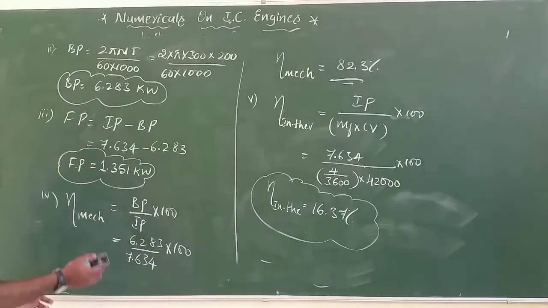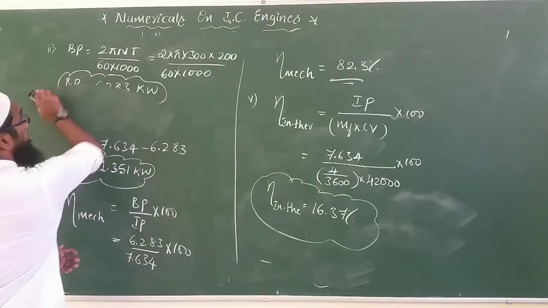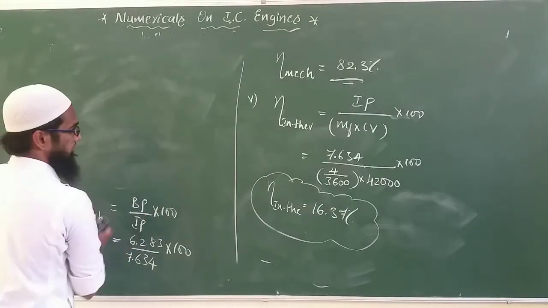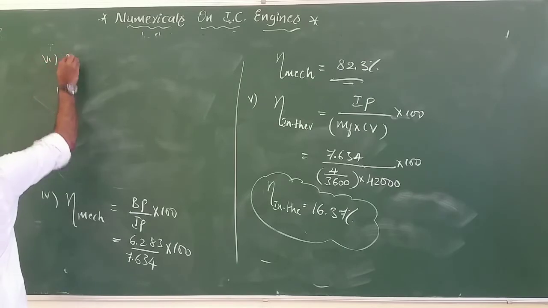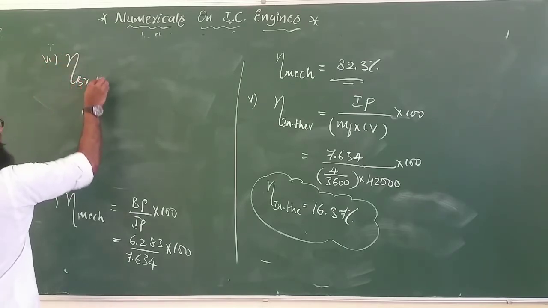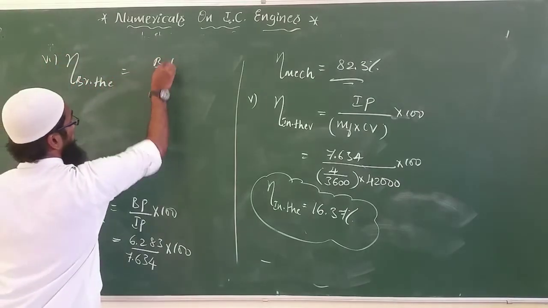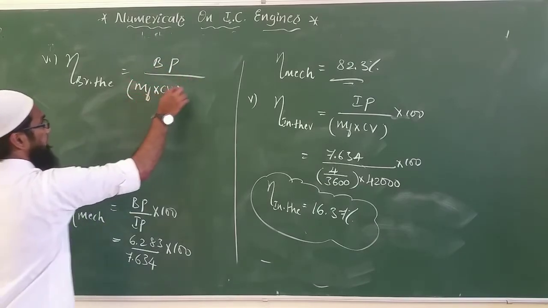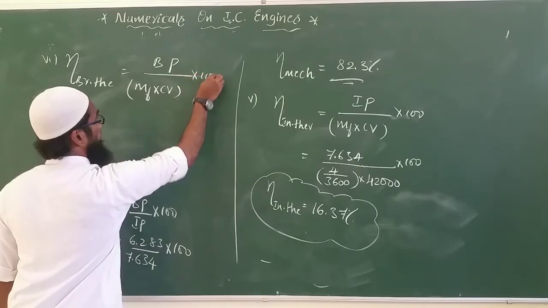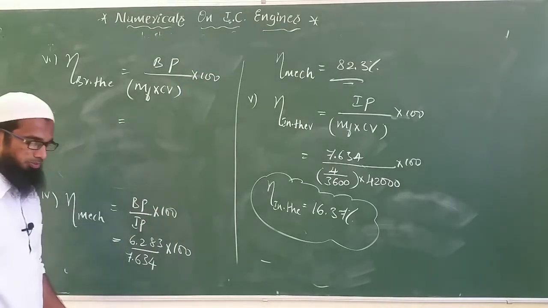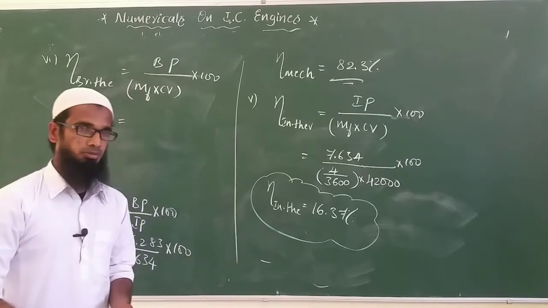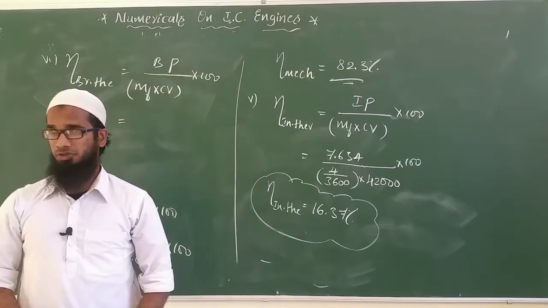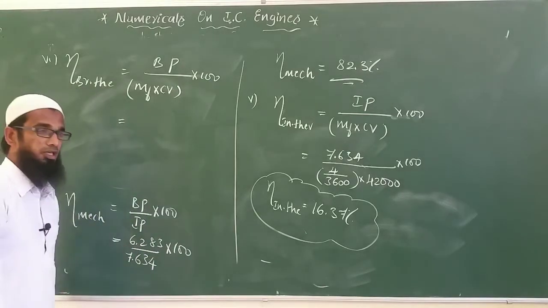Now let us move on to the brake thermal efficiency. The brake thermal efficiency is the ratio BP by MF into CV. The same formula applies; in place of indicated power, if it is brake thermal efficiency we substitute the brake power, and if it is indicated thermal efficiency we take the numerator as indicated power.